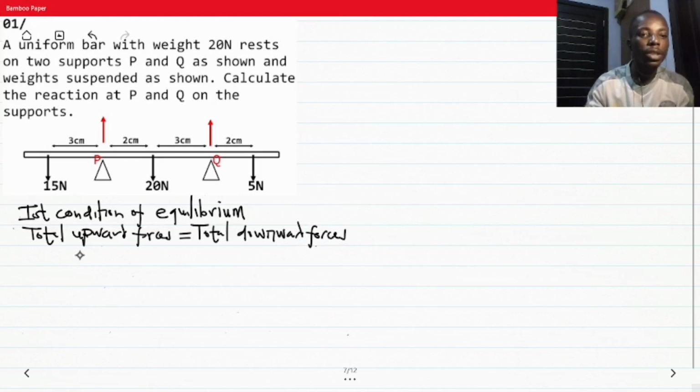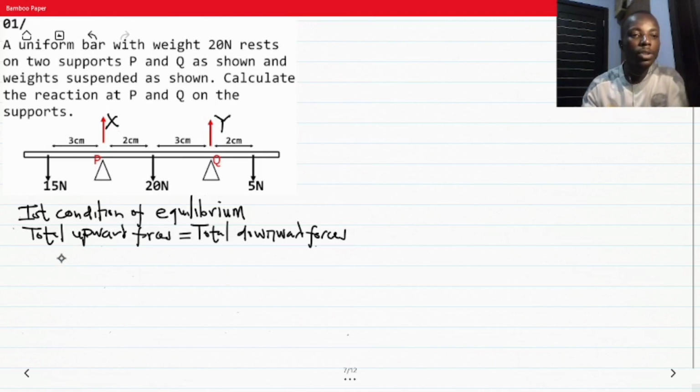What that means is that the downward forces, as we can see here, 15, 20 and 5 must be equal to the reaction forces, which are, let's call the first one here x, and let's call this y.